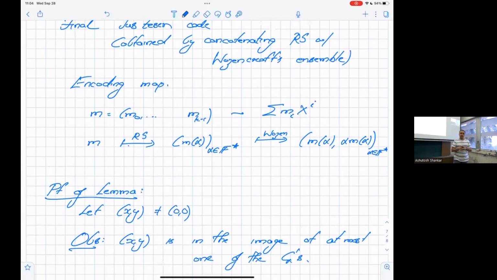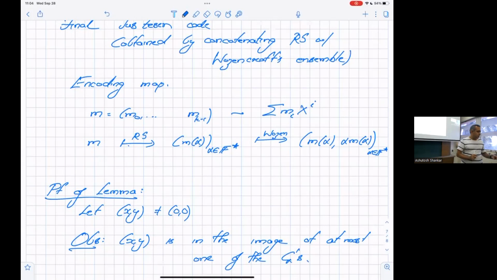So everything in the non-zero point is here. What has the property? If you take off the 0 point, all the other guys, the images of C alphas are all disjoint. So given a particular point xy, you know which C alpha it is the image of.